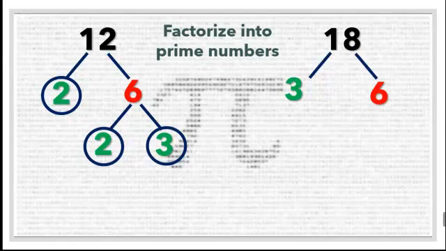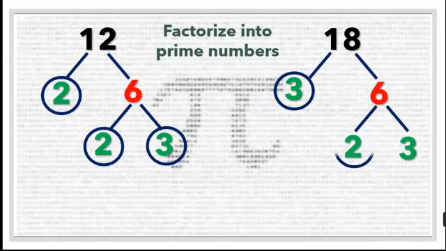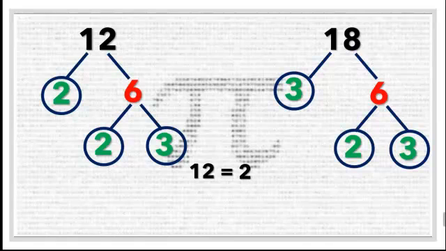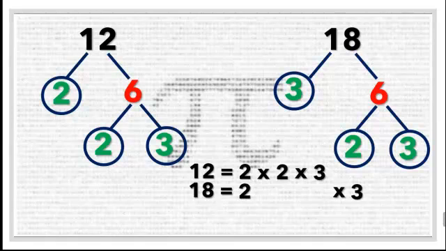I will have the same prime factors at the end. 3 is a prime, and 6 is 2 and 3, and I got 2 and 3. Now I'm going to write them. 12 equals 2 times 2 times 3, and 18 equals 2 times 3 times 3.